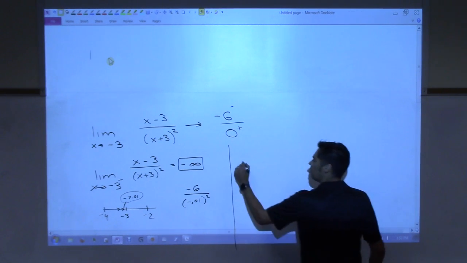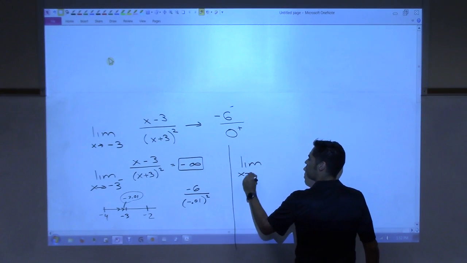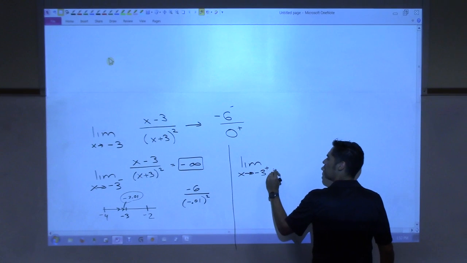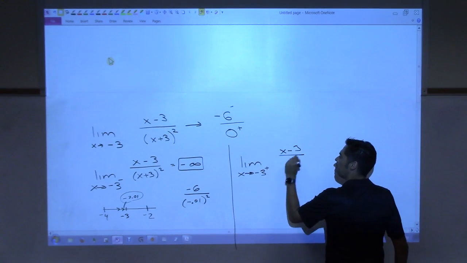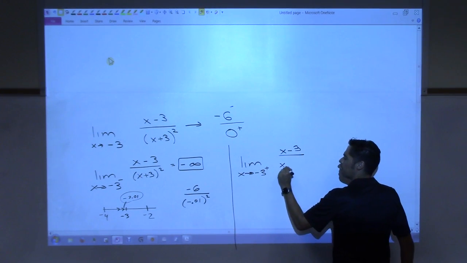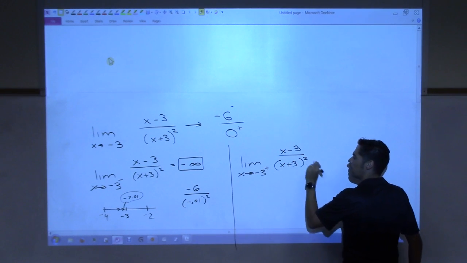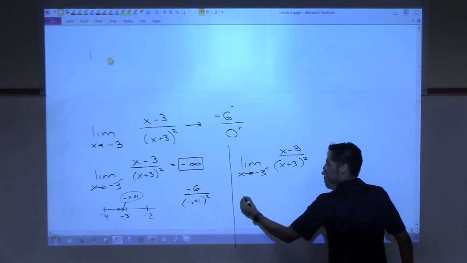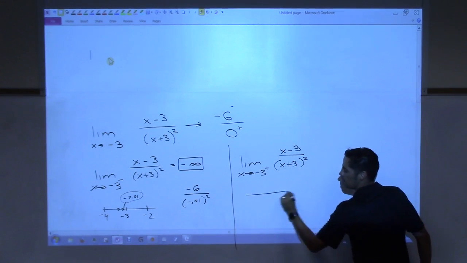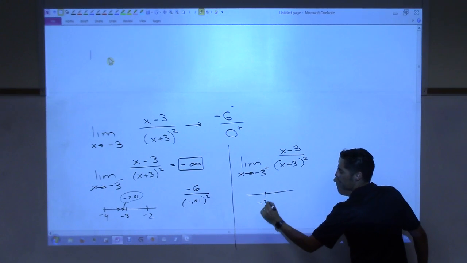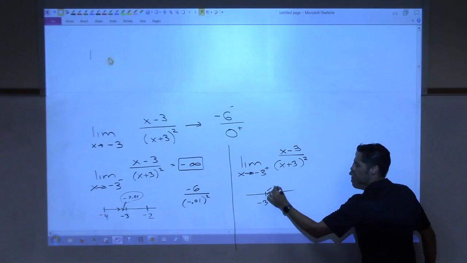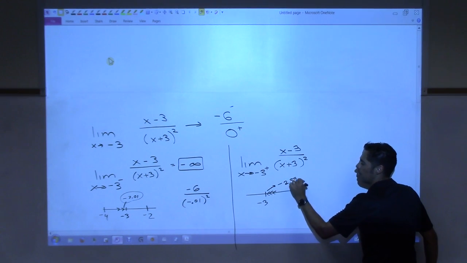Now I'll write it down just so we have it. Limit x goes to negative 3 from the right of x minus 3 over x plus 3 squared. And I know that that's going to be a number from the right side. So here's your negative 2.99.